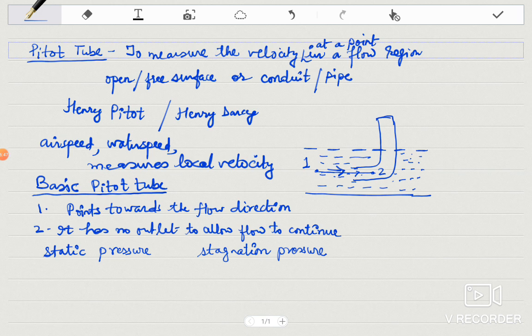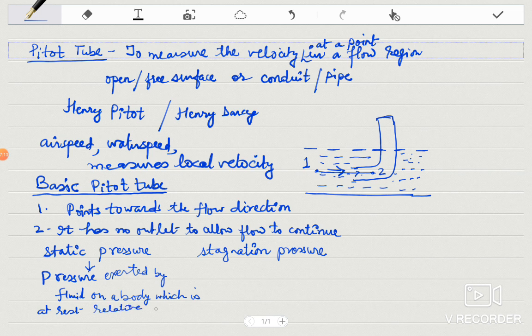By static pressure we mean the pressure exerted by fluid on a body or point which is at rest relative to the fluid. This is called the static pressure.